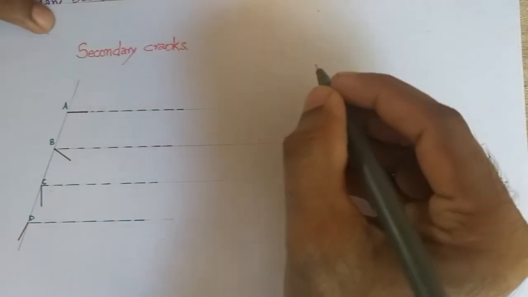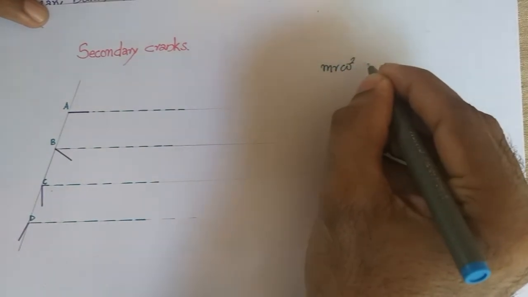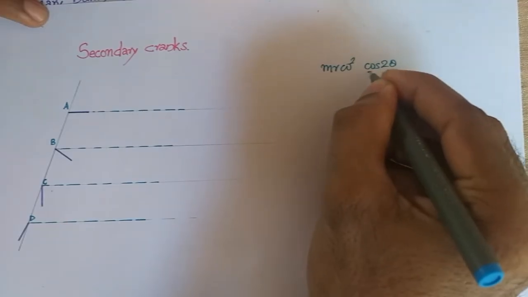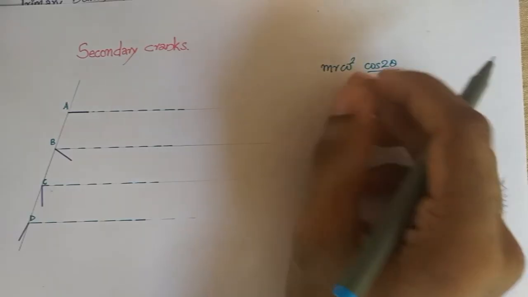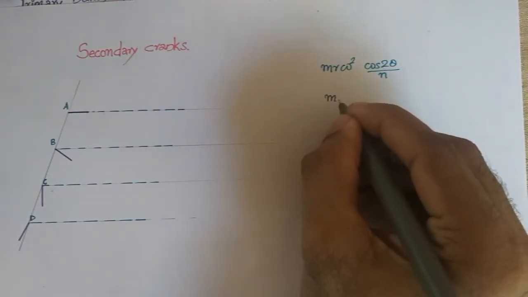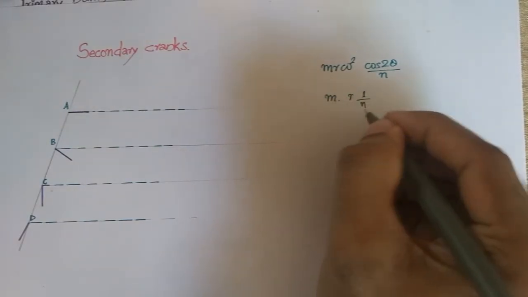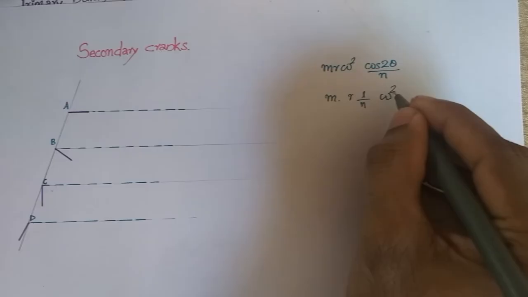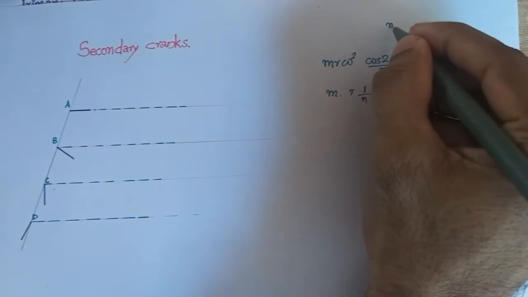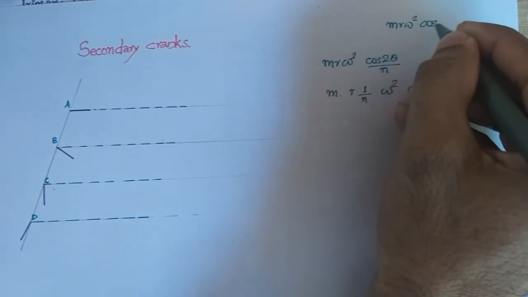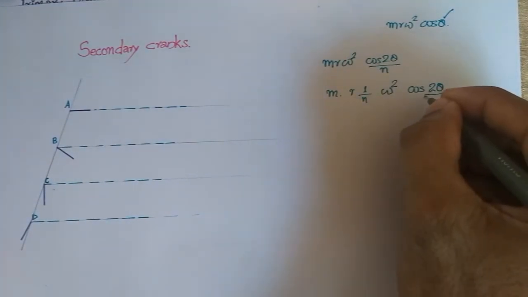We know that the secondary unbalanced force is m r omega square into cos 2 theta by n, and already we have explained that this unbalanced force will be considered by placing a mass at a distance of r divided by n. This is actually r by n, where the crank is rotating at omega square and the angle will be taken as theta, where the primary unbalanced force is m r omega square cos theta only.